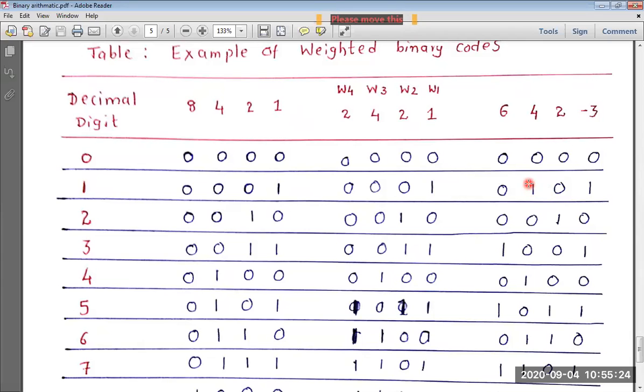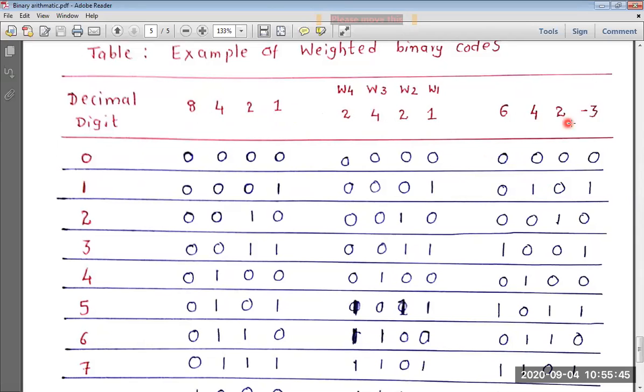How you made the digital system, accordingly the counting will differ. These are some examples. This is called the 8421 code, and this is called the 2421 code. We will see what these 8421 and 2421 are.